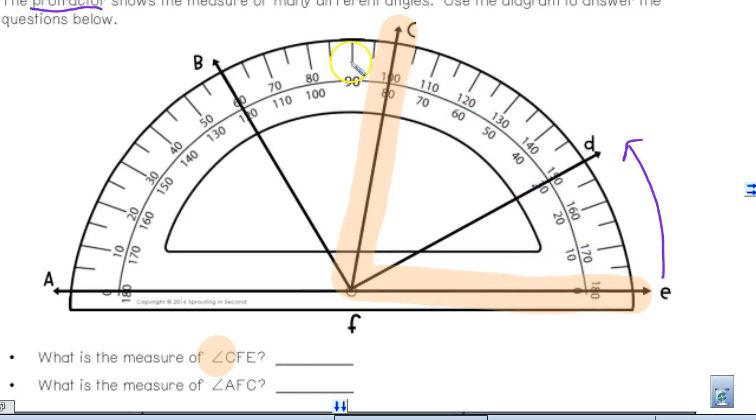And then once we get past 90 degrees, then it ends up getting bigger. So I want to be using these smaller numbers here. This is not a 170-degree angle or 160 degrees. We can start from here to here is 10, 20, 30, 40, 50, 60, 70, and now I'm up to 80. So this angle right here, we would say that the measure of angle CFE is 80 degrees.